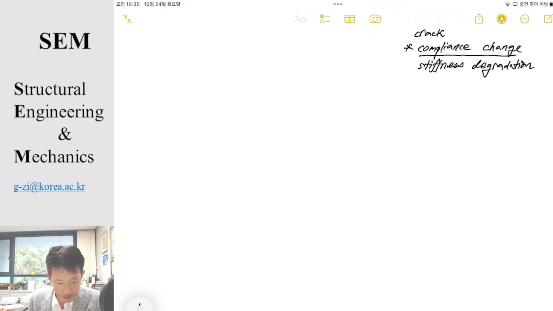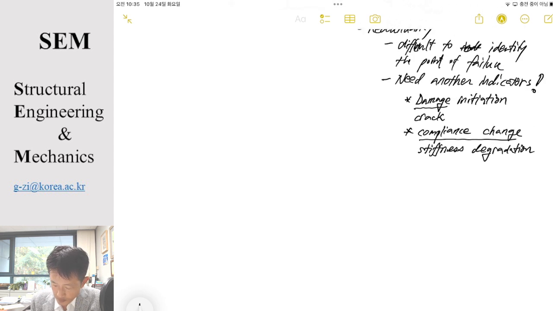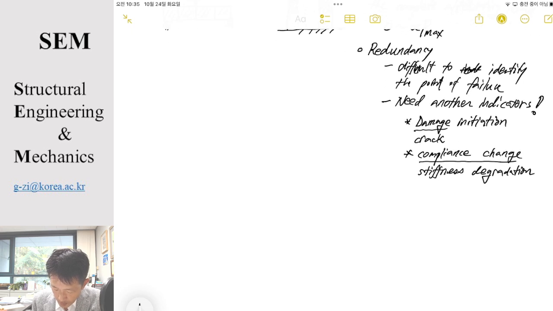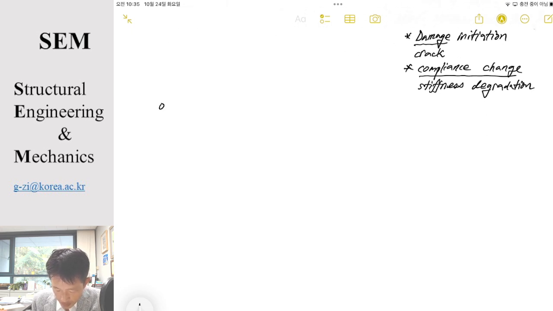Then in the structural scale, so now let's talk about the compliance change.